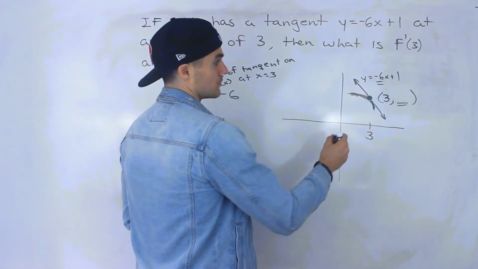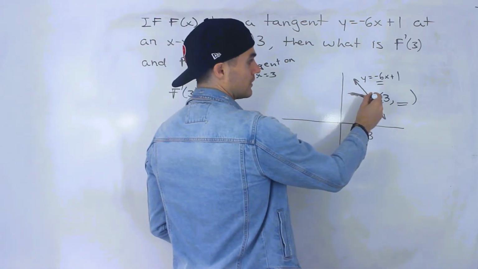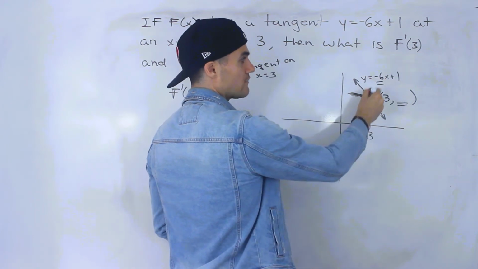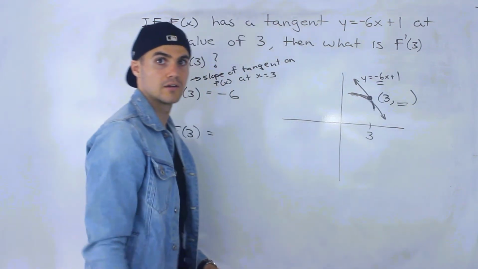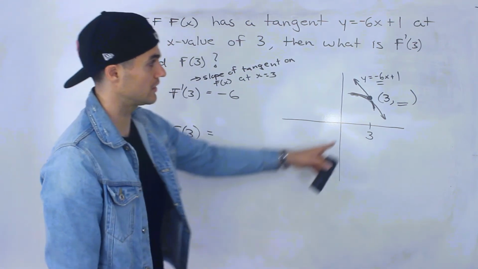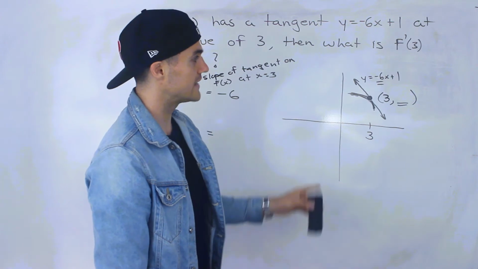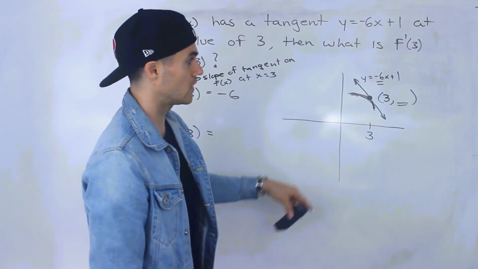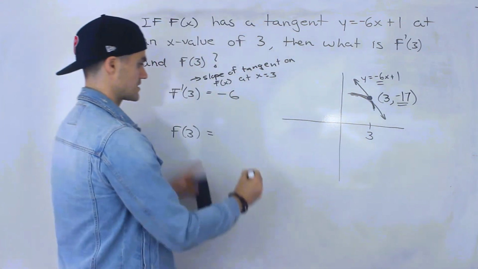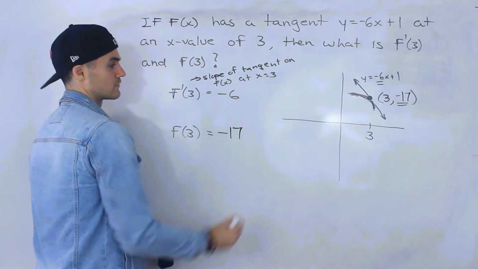And so because that point is also on this tangent, we could figure out what this y value is by just plugging in 3 for the x value in the tangent equation. So if we plug in 3 here, we'll have negative 18 plus 1, which would give us negative 17.